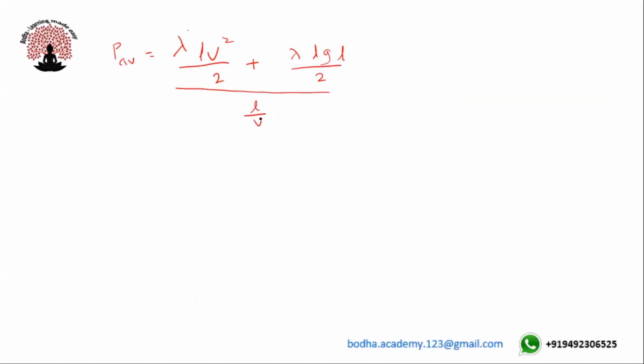This is the previous step, I had written it as it is. Now we will simplify this. That's equal to lambda L v square by 2 plus lambda L square g by 2, whole thing into v by L.